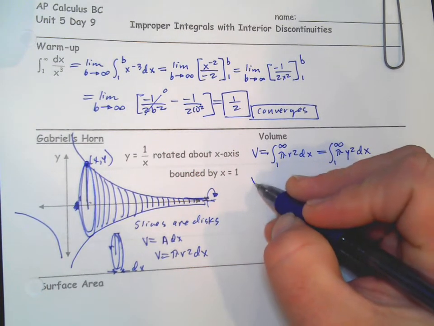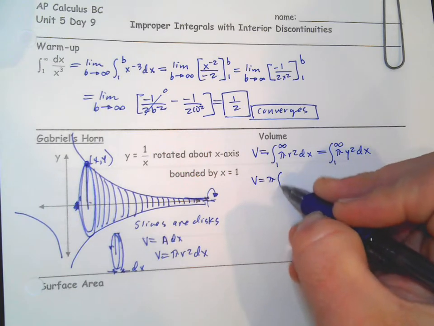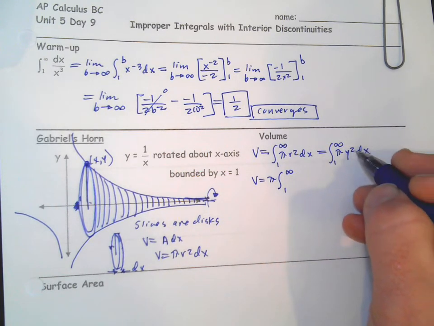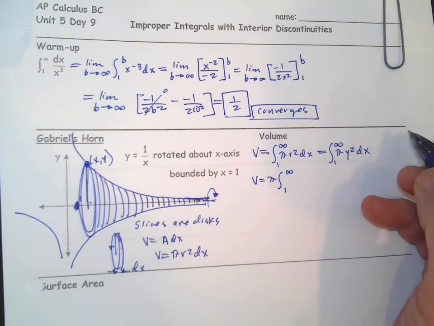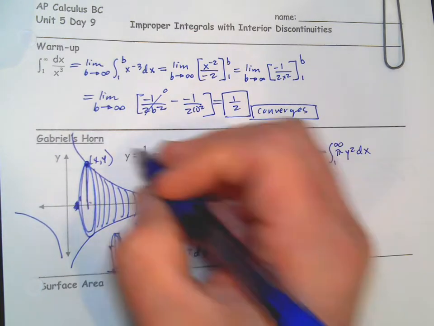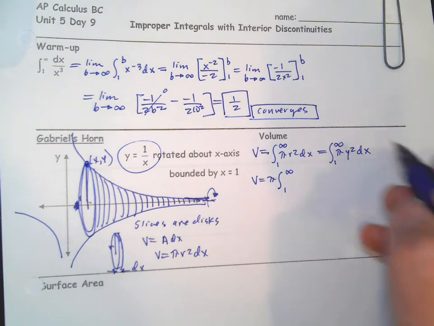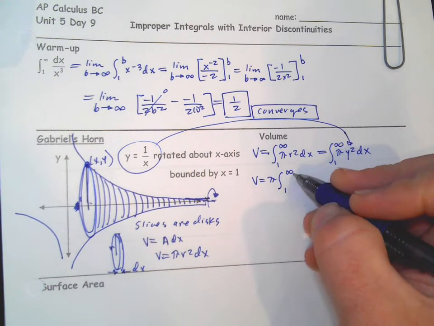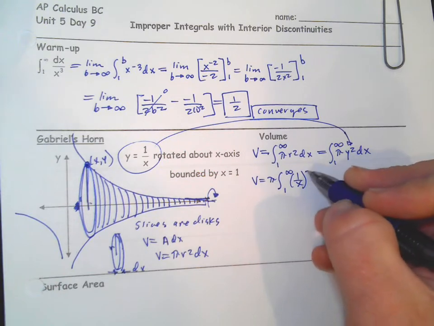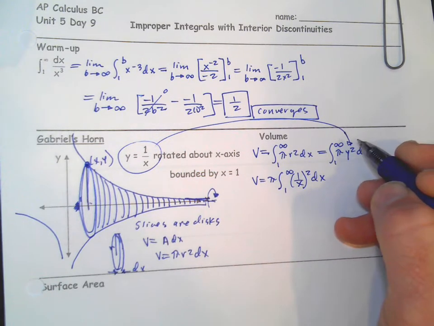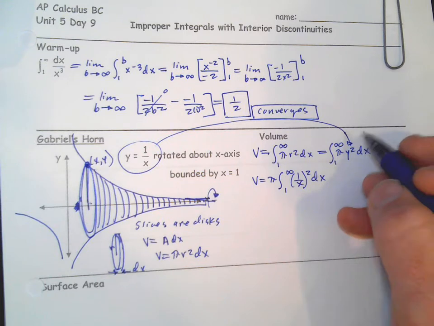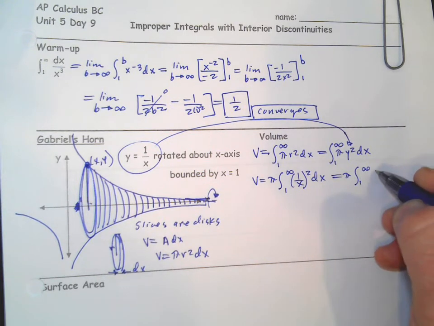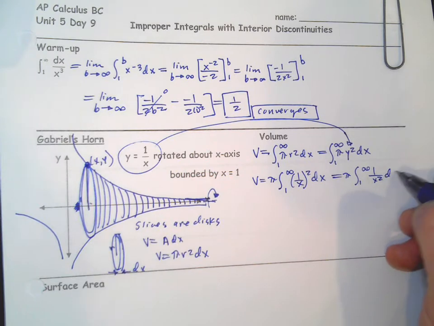But we want to probably bring the pi outside, and we want it to be in terms of x because we're integrating with respect to x. So that's where this y is. So 1 over x gets plugged in for y. So it's going to be 1 over x squared dx.